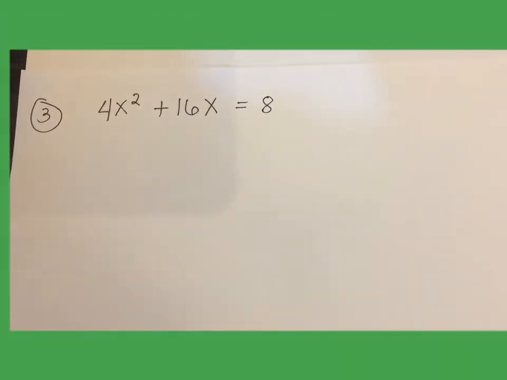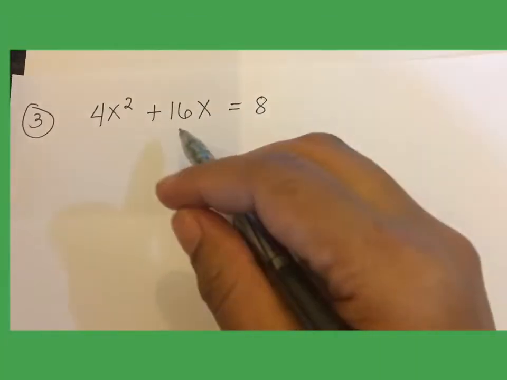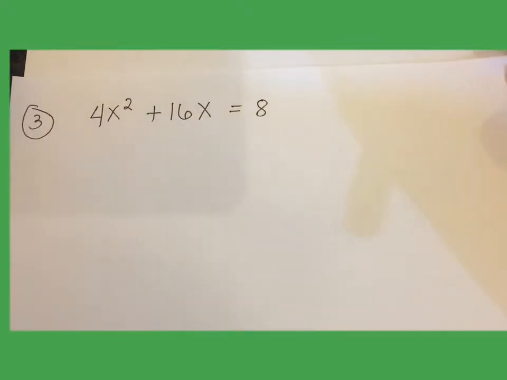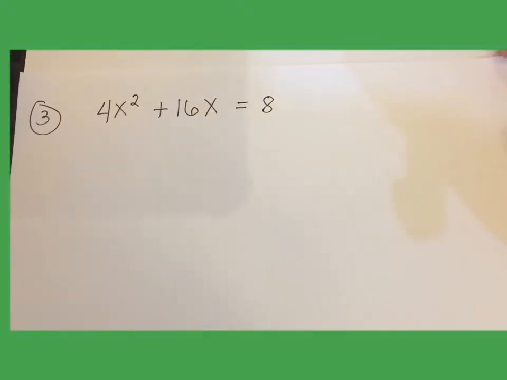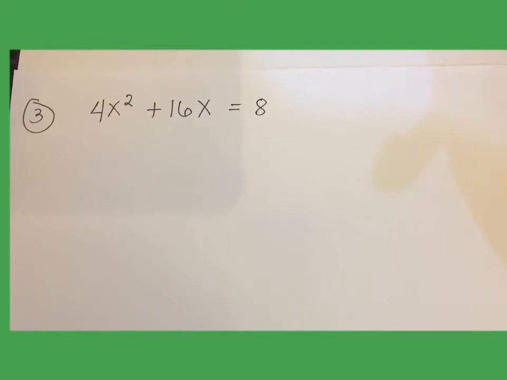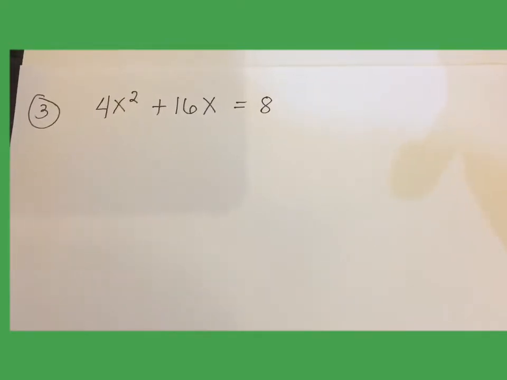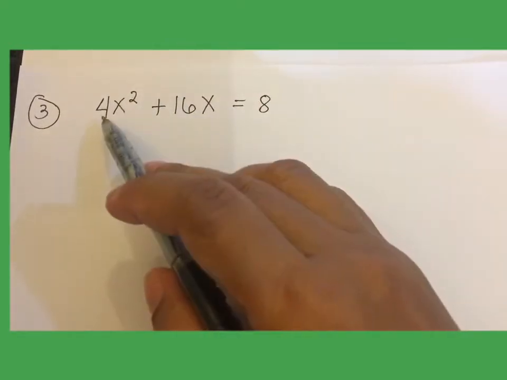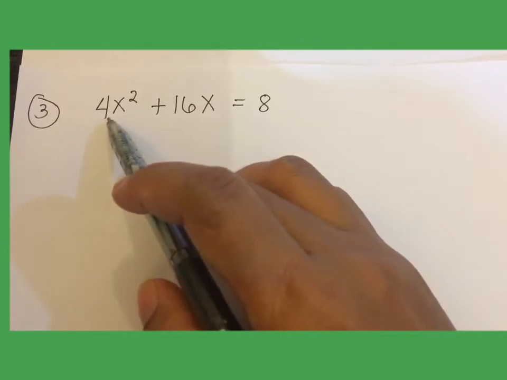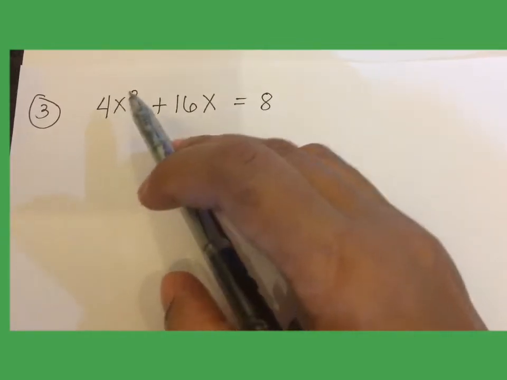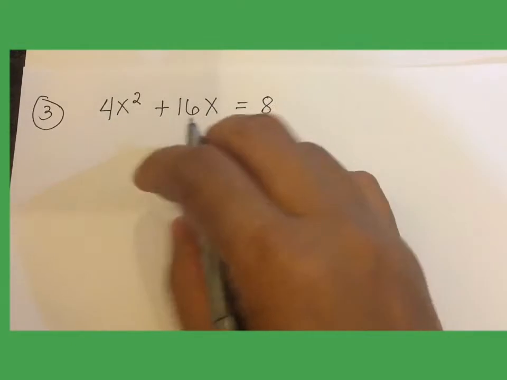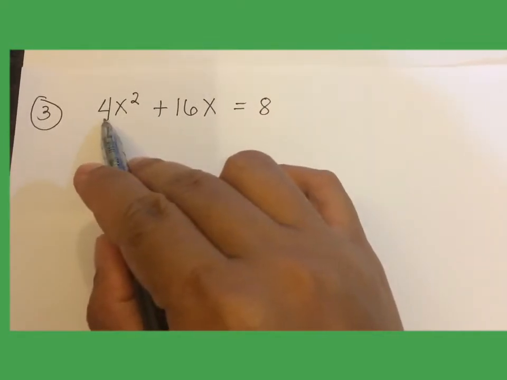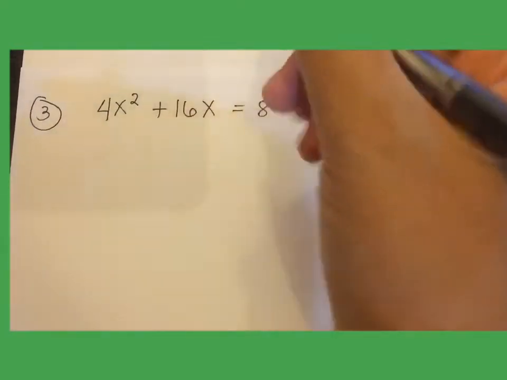Okay, so let's take number 3. This is the given equation, 4x squared plus 16x equals 8. Now, as you can see, the numerical coefficient for x squared is not equal to 1. Therefore, we need to divide both sides by the value of a. A here is 4.